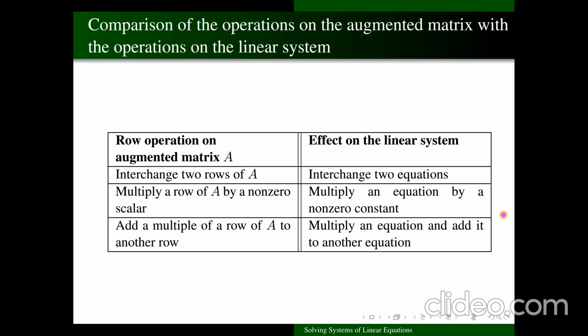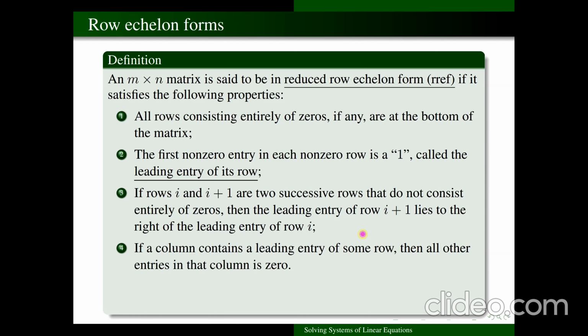The elementary row operations that we defined can be thought of as the matrix versions of the operations that we defined for solving systems of linear equations. So this table gives the comparison between the two operations. Our next goal is to describe a systematic version of the familiar method of elimination of variables for the solution of linear systems, and thus obtain a useful method for solving such systems.